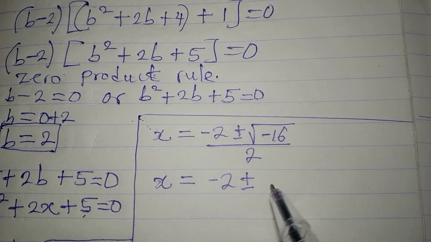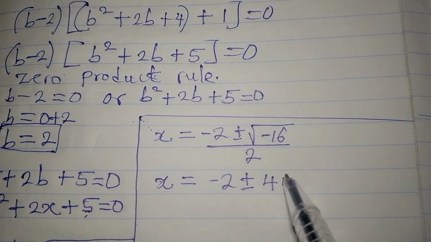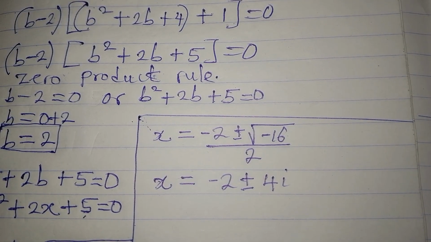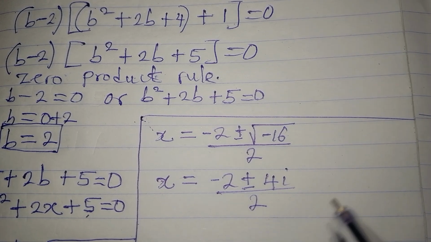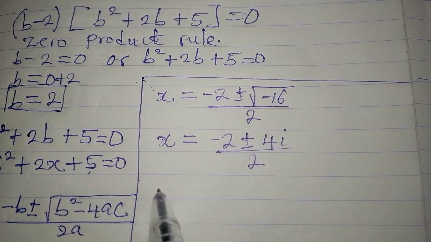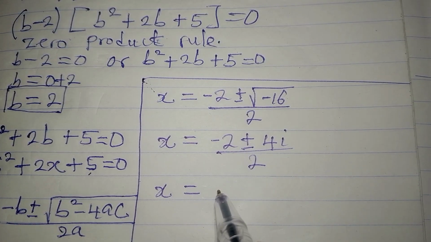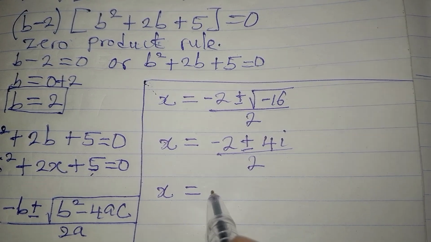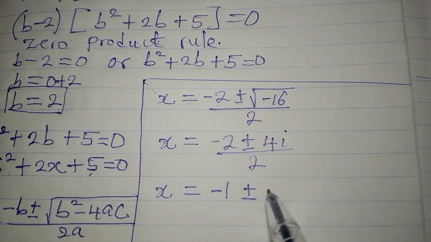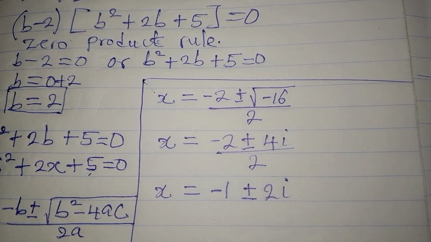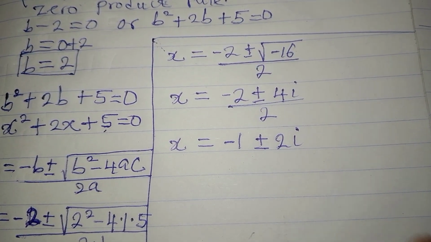The square root of 16 is 4, and the square root of negative 1 is i. So we can say that the square root of negative 16 is 4i. Then we divide by 2. Then our x is going to be equal to minus 1 plus or minus 2i. So this is a 2-in-1 solution that we have from the quadratic equation.